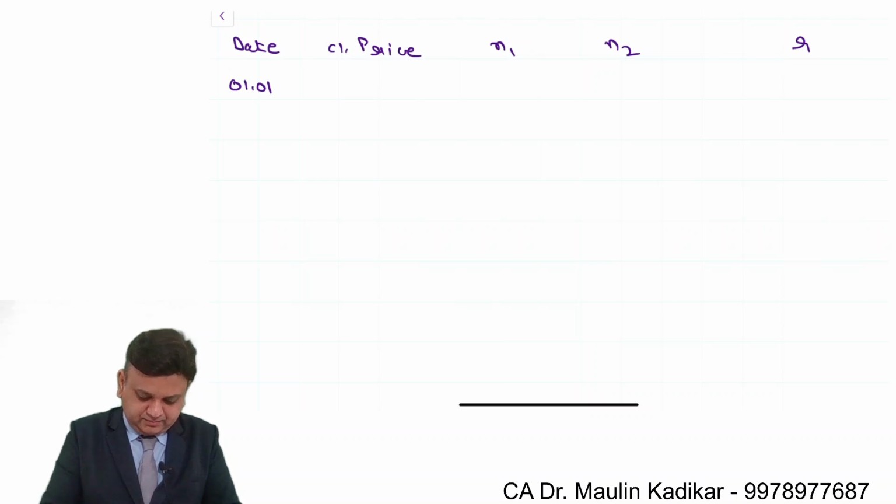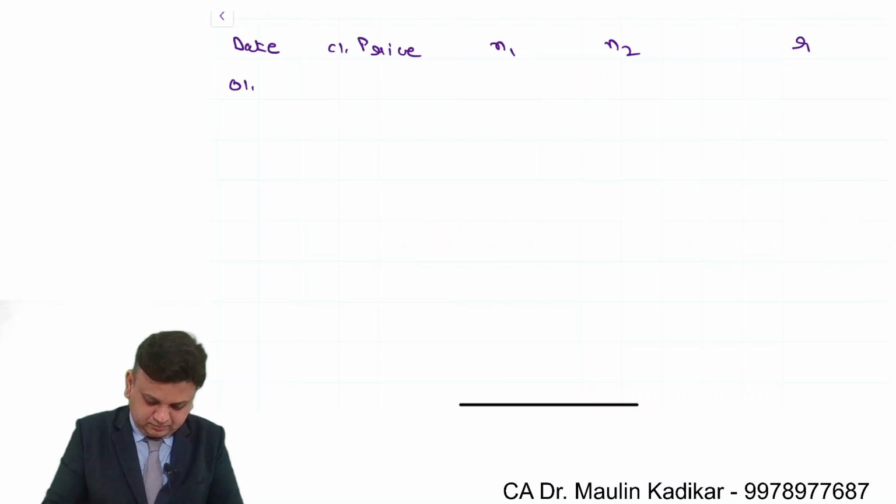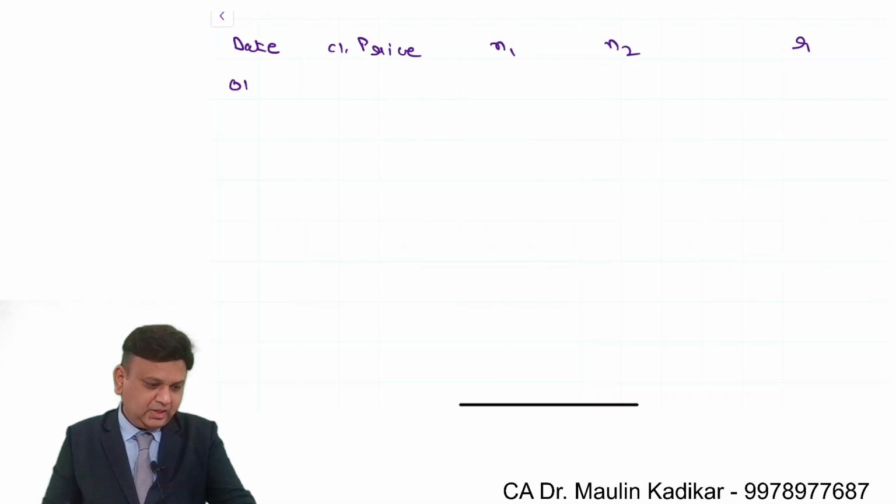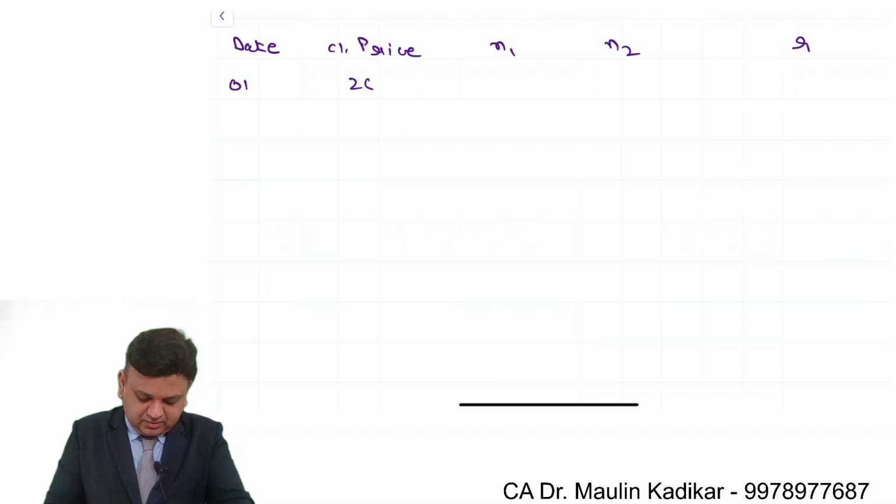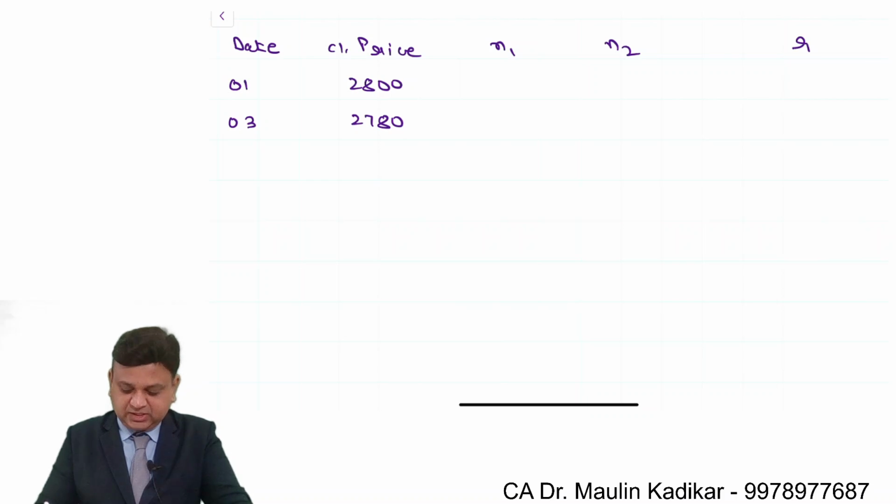1st of October, or we can say that the date is 1st. The closing price is 2800. Date is 3rd. The closing price is 2780. So there is a reduction in the price.